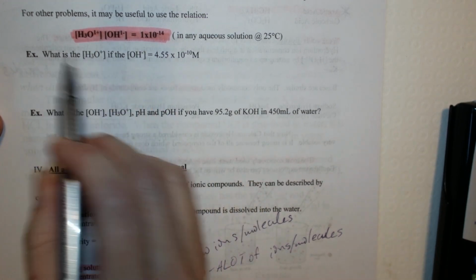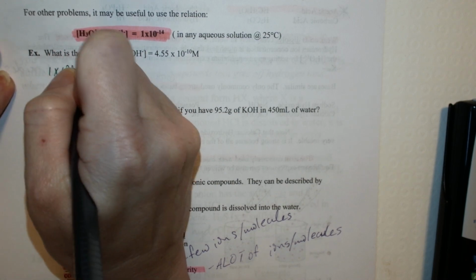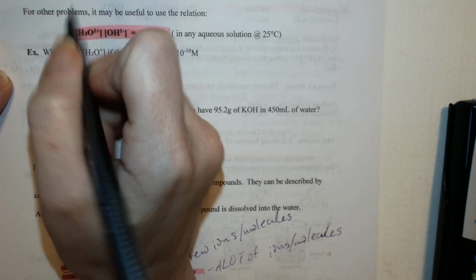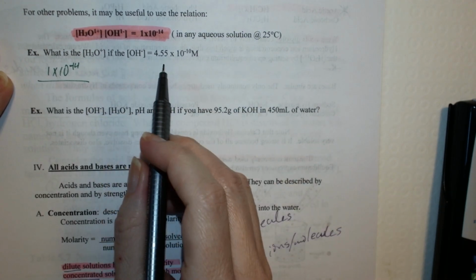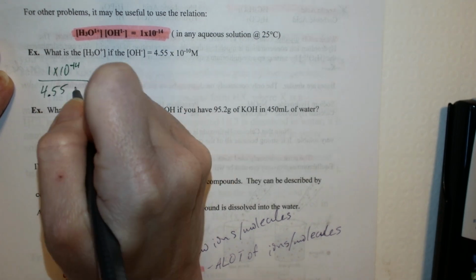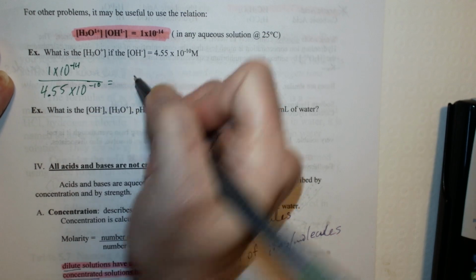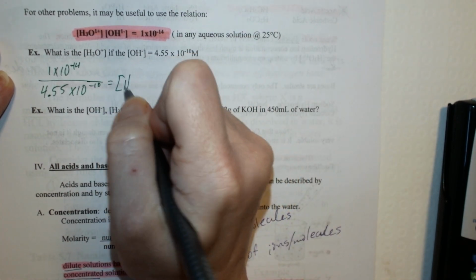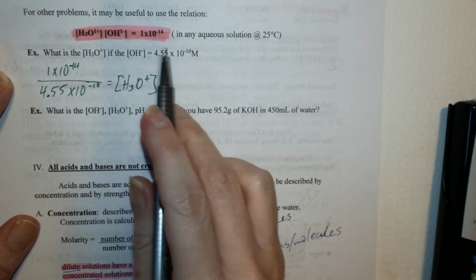Well, we just have to rearrange this formula. So 1 times 10 to the negative 14 divided by the hydroxide ion concentration, which is 4.55 times 10 to the negative 10, will give you the hydronium ion concentration. Okay, so what did I do?